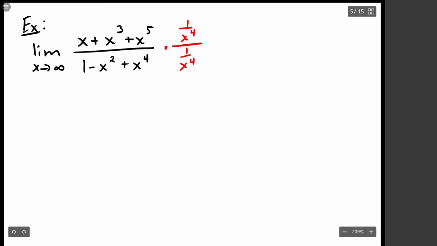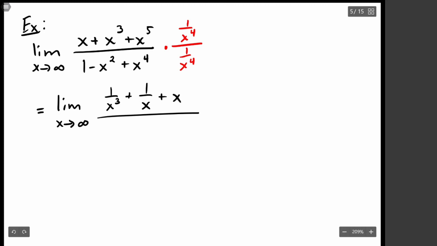Again, we look at the denominator, we pick the highest power down here, and multiply the top and the bottom by 1 over x to that power. So why are we doing that? Well, let's look at what happens. All right, so we're going to get 1 over x cubed plus 1 over x plus x on top, and 1 over x to the fourth minus 1 over x squared plus 1 on the bottom.